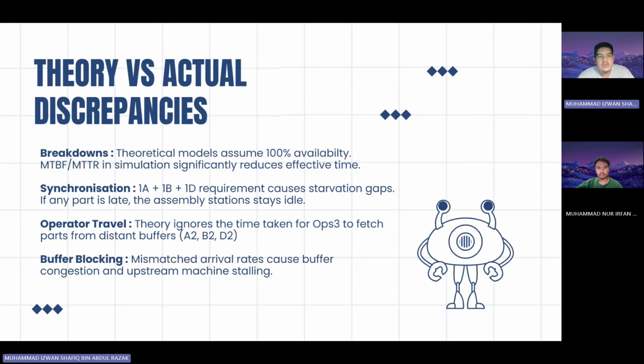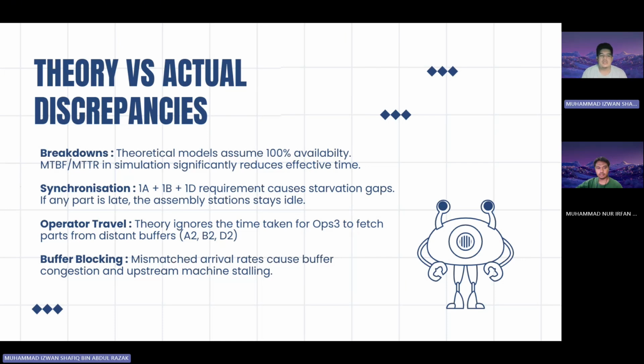For the theory and actual discrepancies: for breakdowns, the theoretical model assumes 100% availability, while MTBF and MTTR in the simulation significantly reduce the effective time. For synchronization, the requirement of 1A plus 1B plus 1D causes starvation gaps.